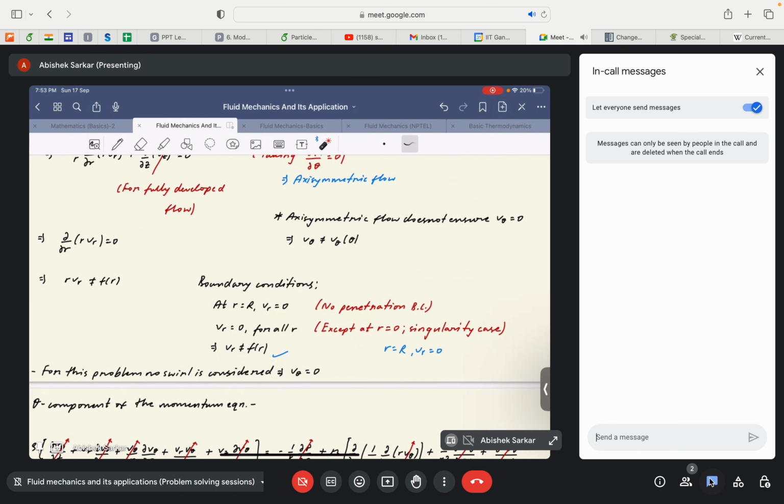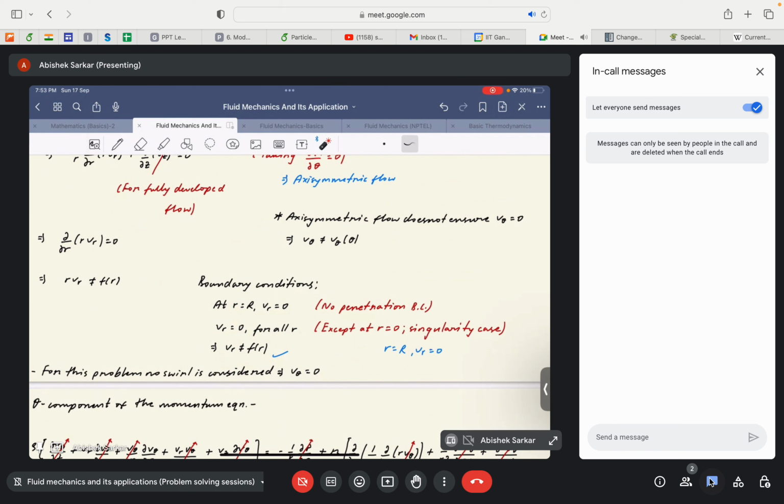And since vr is not a function of r, we can conclusively say that vr is equal to 0 throughout the flow field. Since v theta is equal to 0 and vr is also equal to 0, we are left with only one velocity component, the vz component.